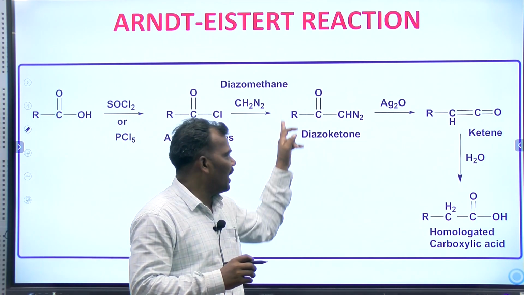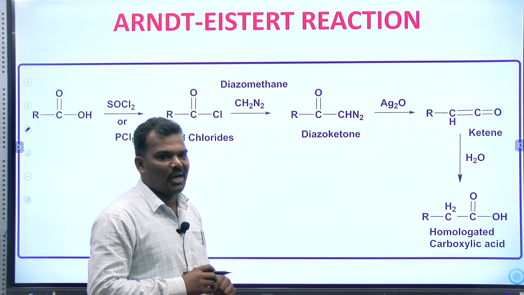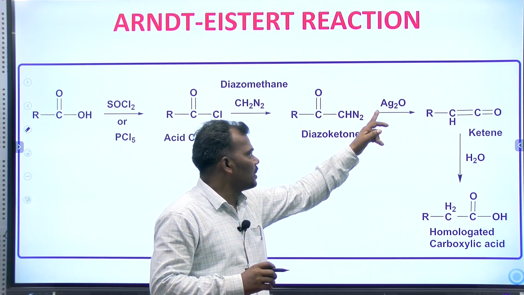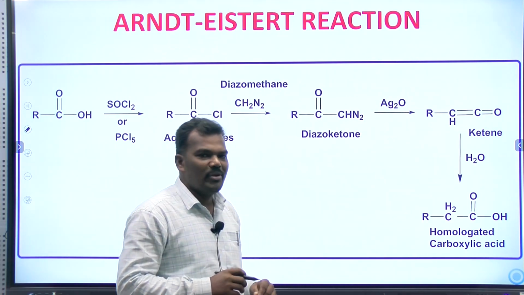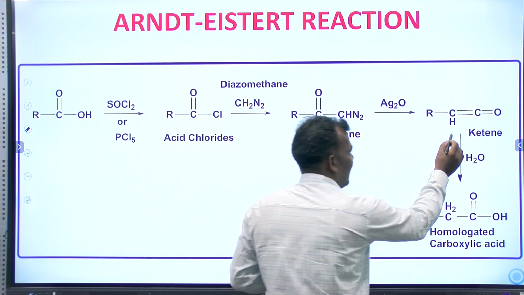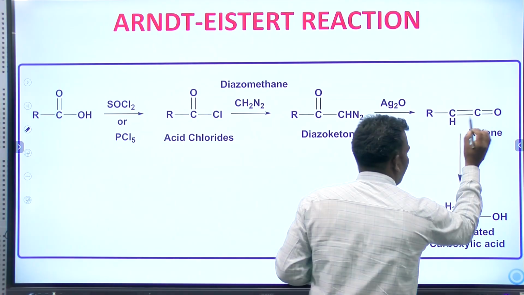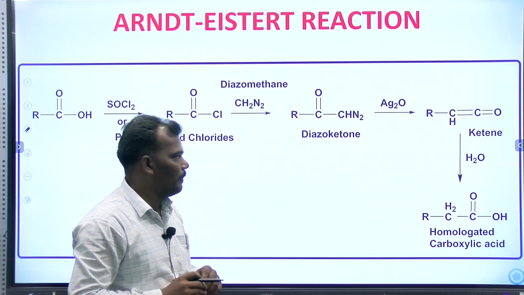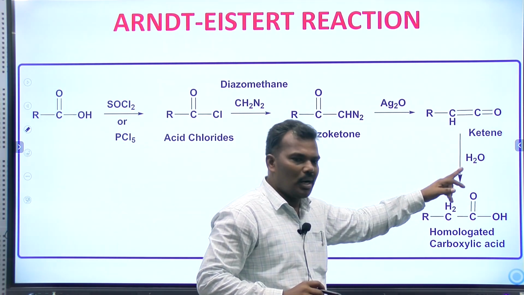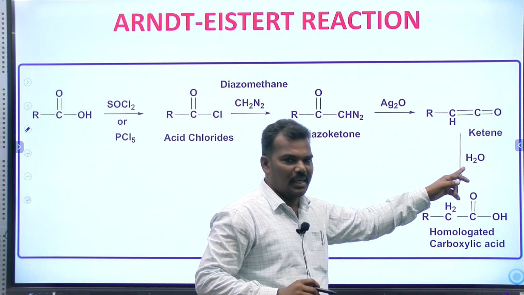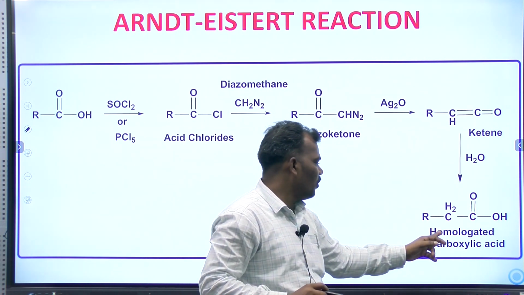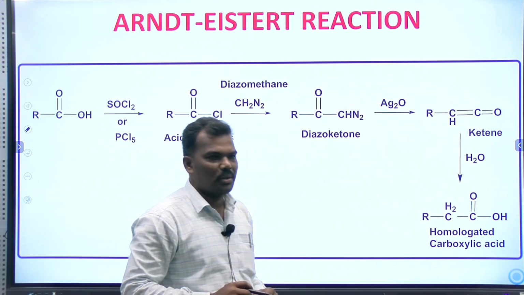These alpha diazoketones on reaction with the catalyst silver oxide lead to the formation of the intermediate ketene. This ketene on reaction with water leads to the formation of the homologated carboxylic acid.